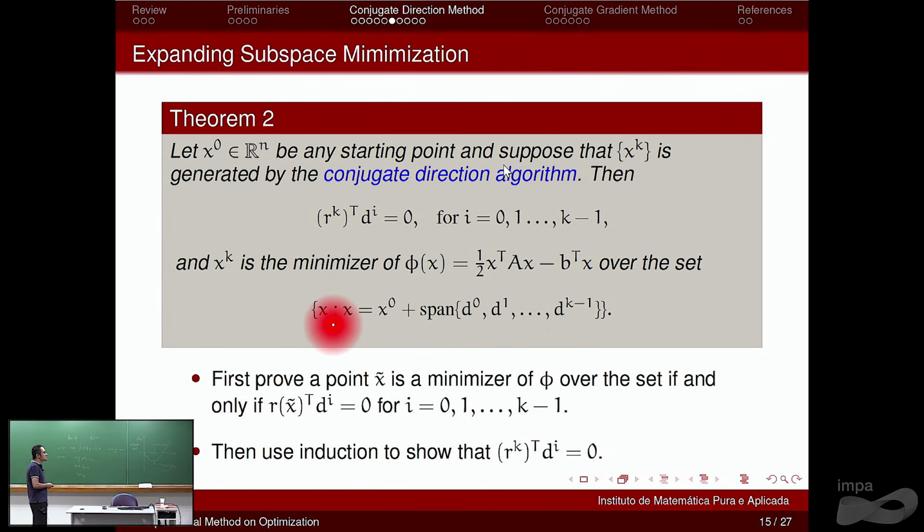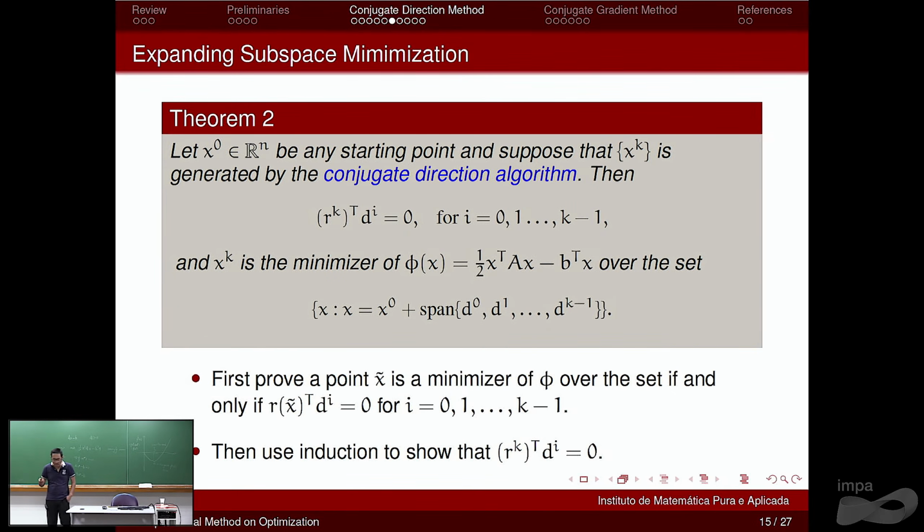And xk is a minimizer of this quadratic function over this subspace, which is x0 plus the span of the directions d0 until dk minus 1.